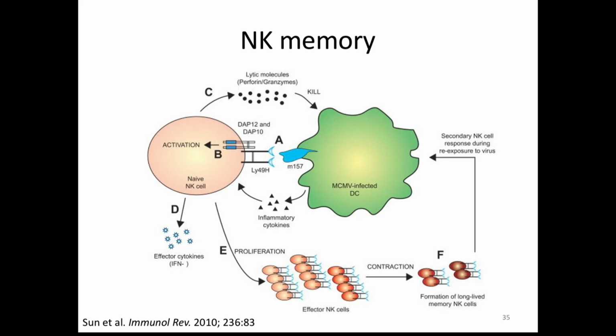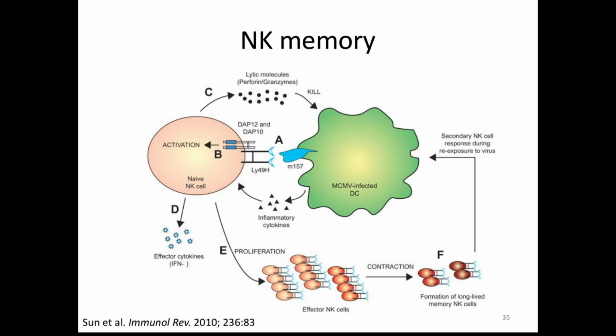And so there was this issue in the field. Part of what this was starting to tell us was that our perfect definitions of innate and adaptive aren't maybe exactly true.